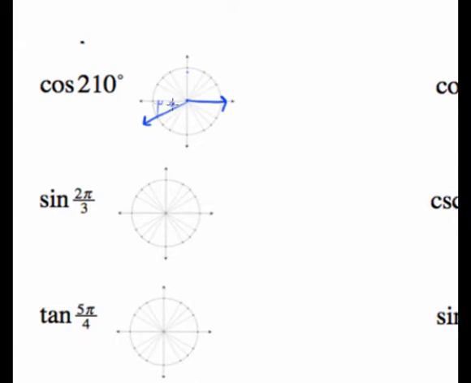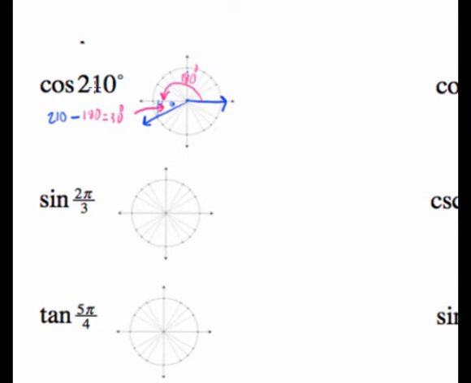Okay, and that theta is going to be 210 degrees minus this angle. So let me draw this angle in red. Okay, what's that angle right there? That's 180 degrees. So 210 minus 180 is 30 degrees. So this angle in there is 30 degrees.